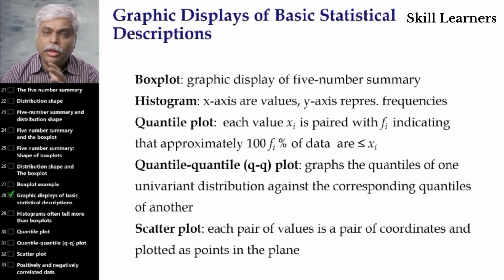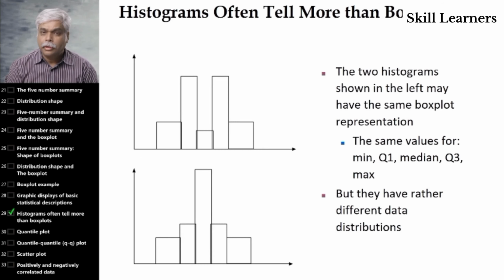But in summary, all these graphics are showing different characteristics of the data. Central tendency, location, dispersion, skewness, outliers, maybe shapes of the data. Let's see. Sometimes different graphs, different kinds of pictures show different kinds of things.